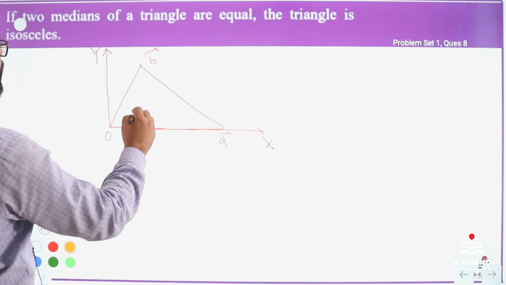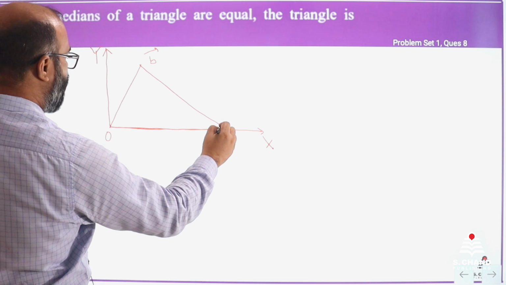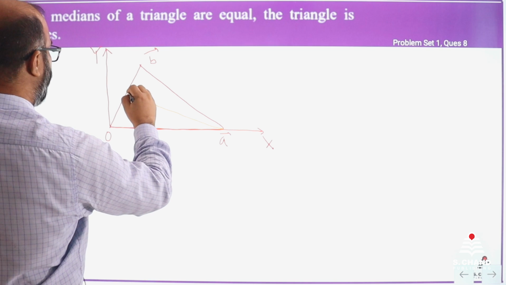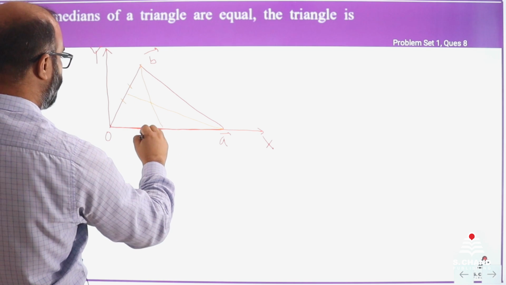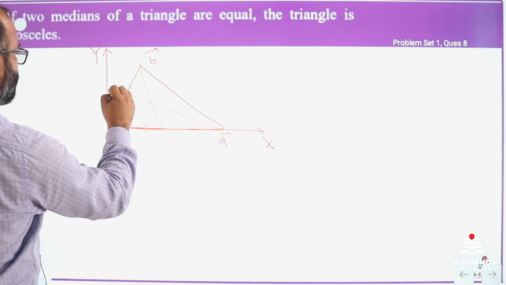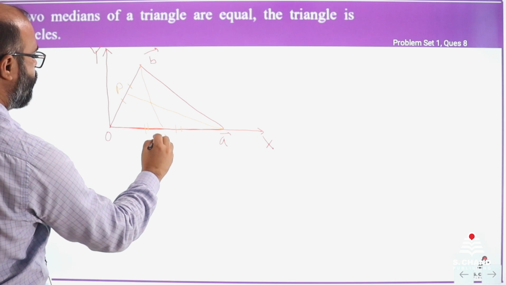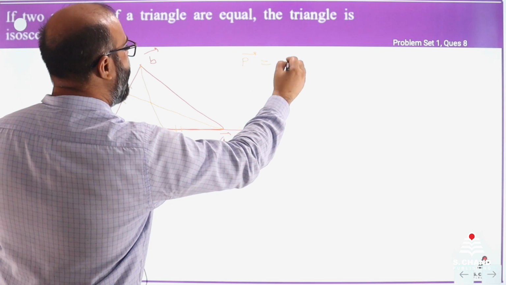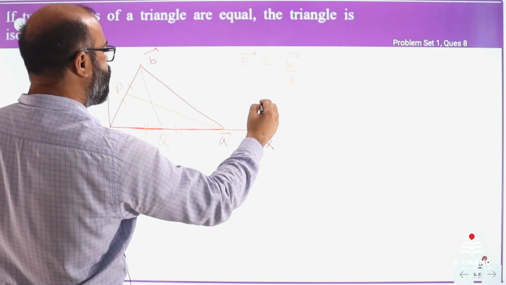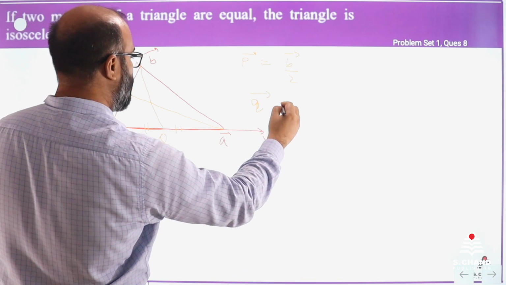Suppose I am taking a median from this point to here and from this point to here. So this point is P, this point is Q. So P position vector is actually B by 2 and Q position vector is actually A by 2.